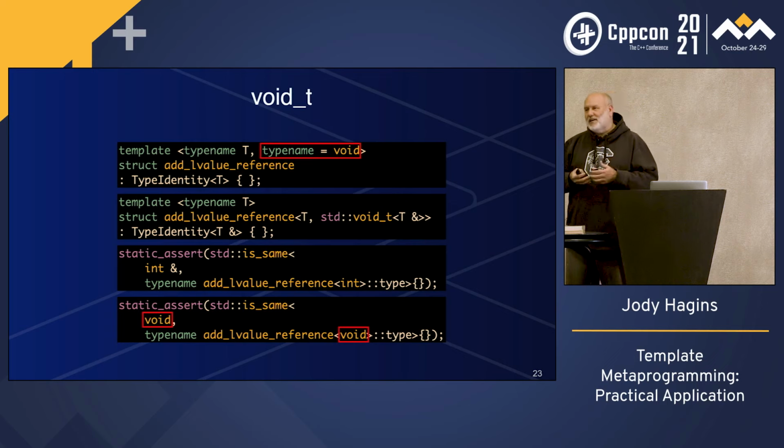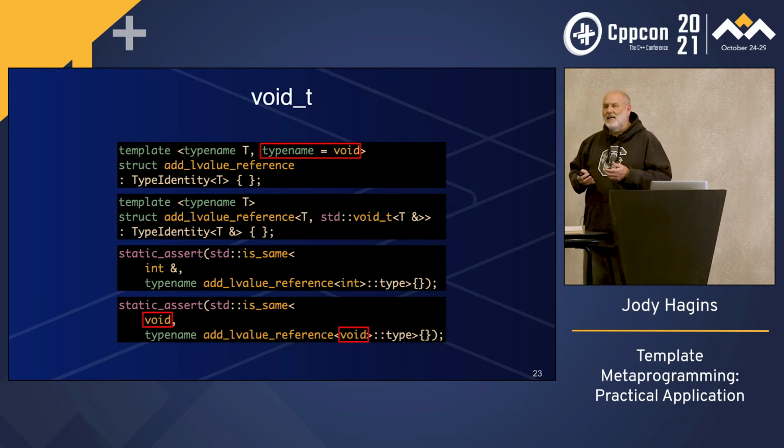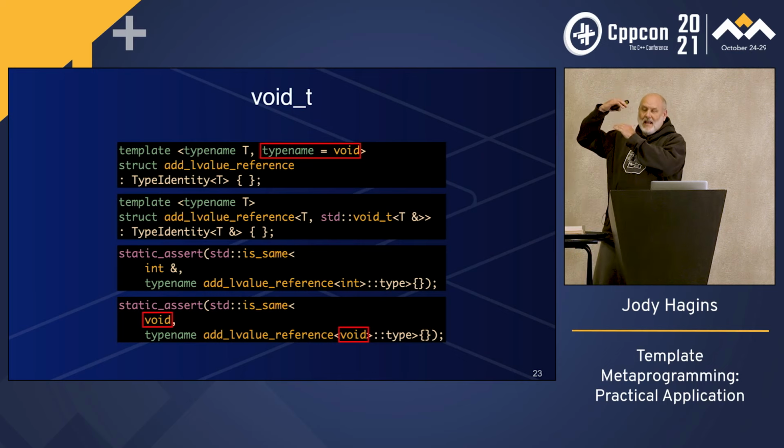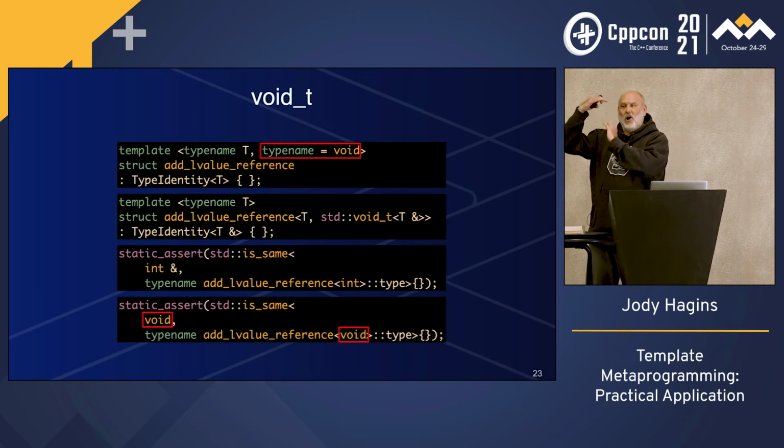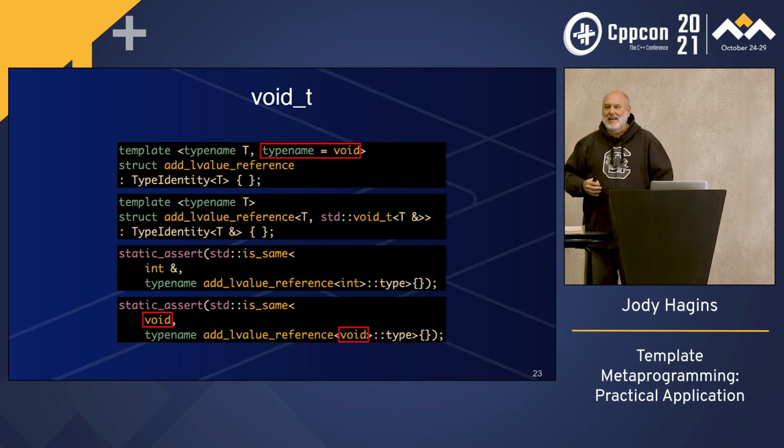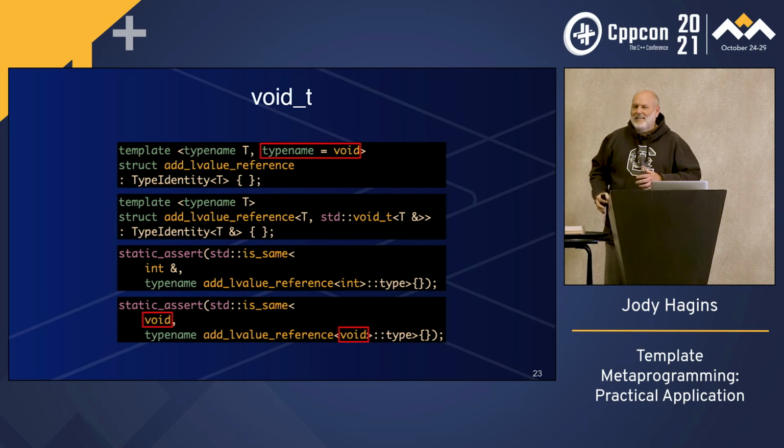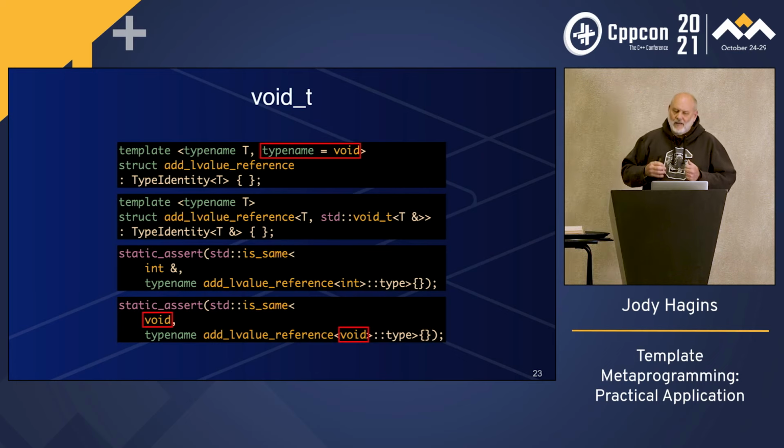So if the construct is valid, then it will resolve to void. If it's not valid, if it's taken in a non-deducing context, then you'll get a hard compiler error. But if it's taken in a SFINAE-friendly context or in a deducing context, then it will just silently go on and look for the next best thing.